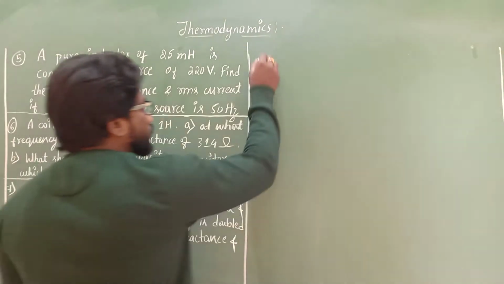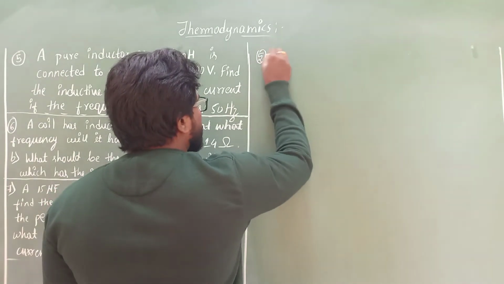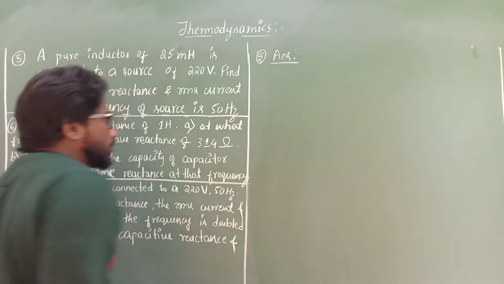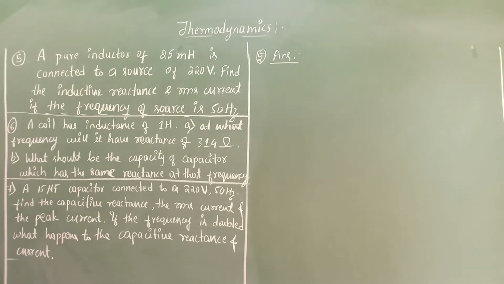Fifth one; four problems we solved. What is the question? Just read it. A pure inductor of 25 millihenry is connected to a source of 220 volt.